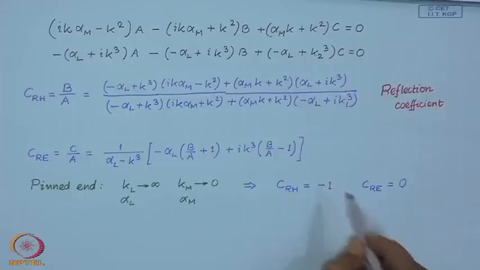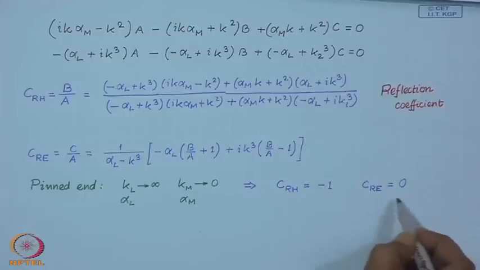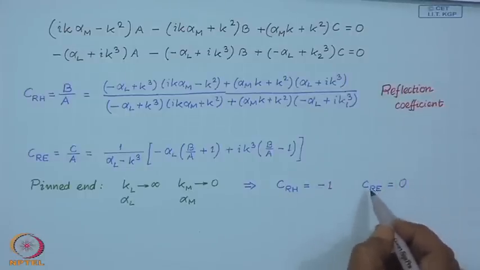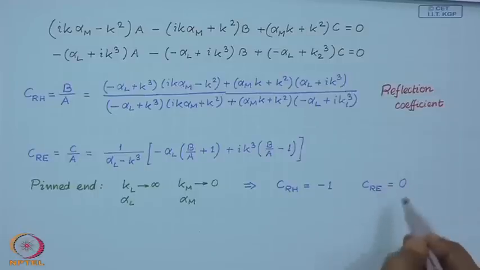So, a phase change of pi, whereas there is no evanescent wave reflection when a harmonic wave is incident on a pinned boundary.